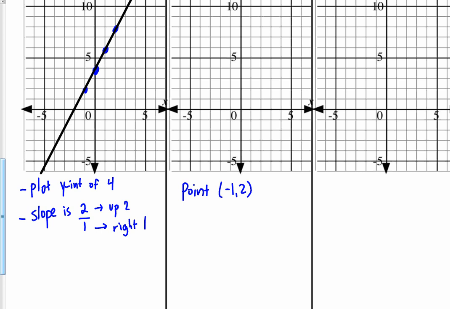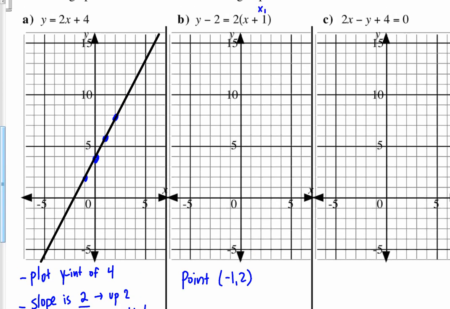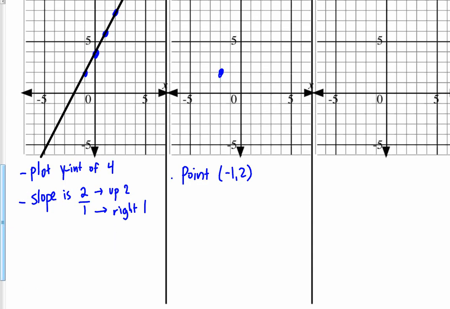So that's where we're going to start. We're going to plot the point negative 1, 2. It's x minus x1, y minus y1. So the point was negative 1, positive 2. And then what are we going to do after that? Slope, which is 2 over 1.